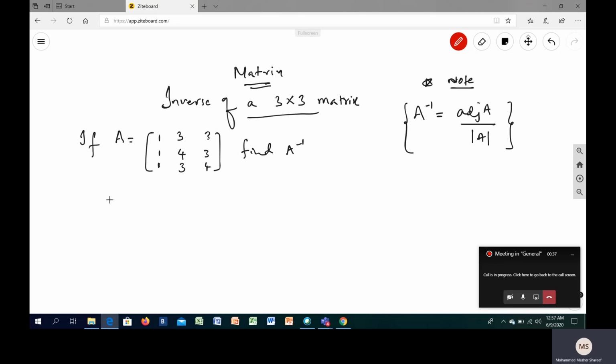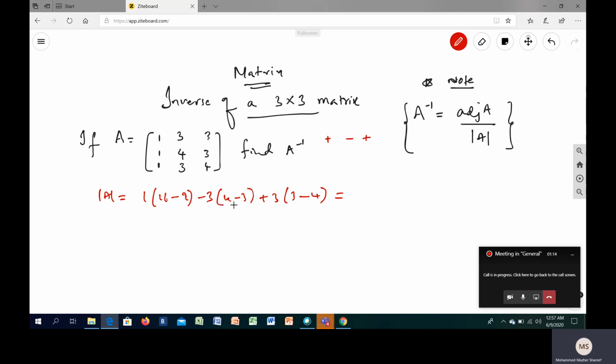As the requirement for the inverse of a given matrix, first we'll find the determinant, and we can do that by expanding any particular row or column. I'm doing it with the top row, and the signs for the elements are plus, minus and plus. So with the row expansion, I'm getting 1 times 16 minus 9, negative 3 times 4 minus 3, plus 3 times 3 minus 4.